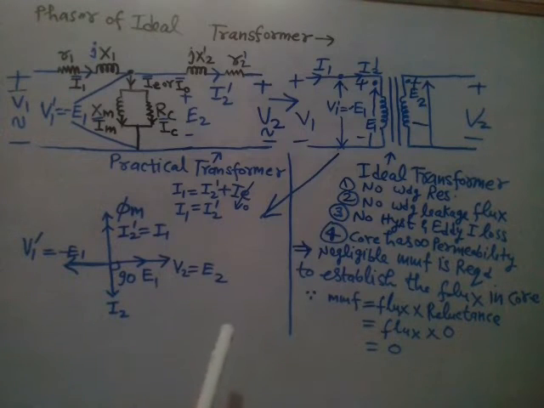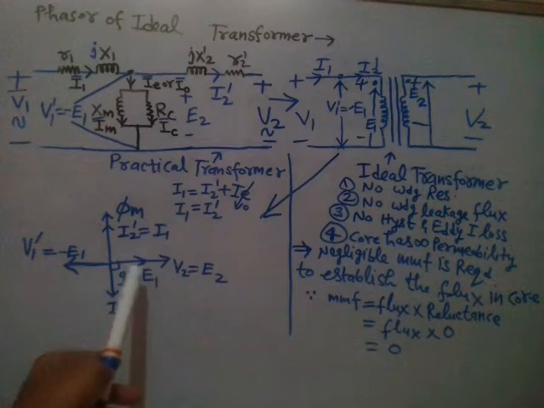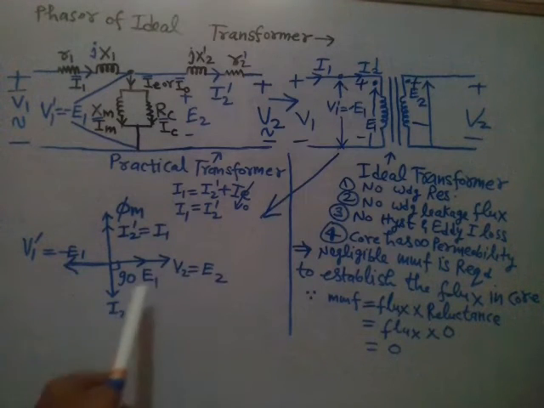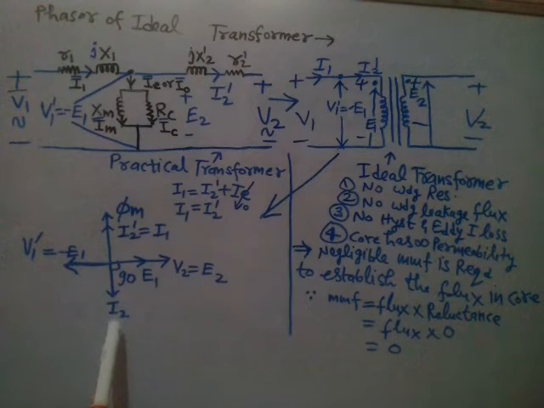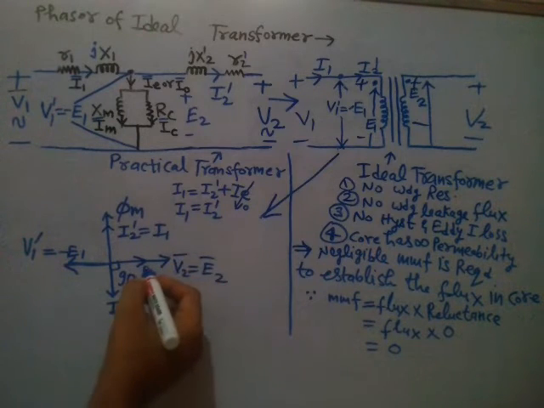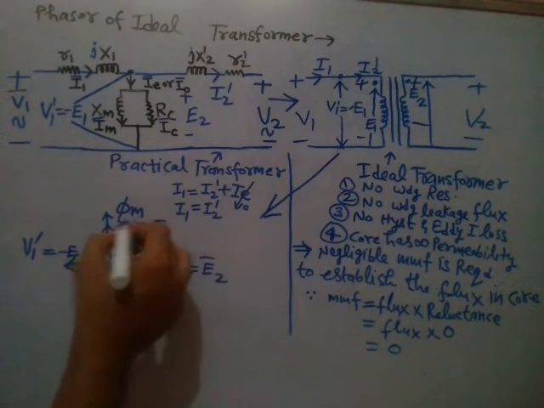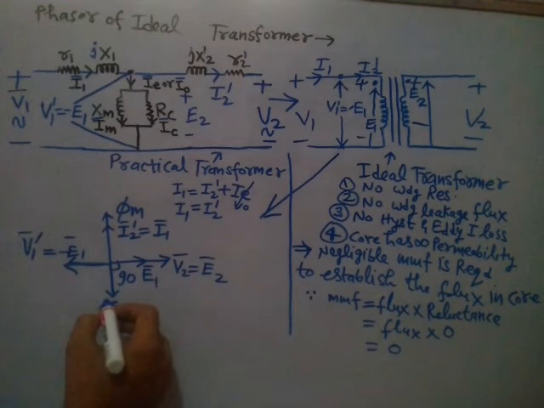Since it is an ideal transformer, the winding is purely inductive, so I2 will lag V2 by exactly 90 degree, right? So that's the phasor diagram. Obviously these are all phasor values, mind it very clear, because we are dealing with AC.